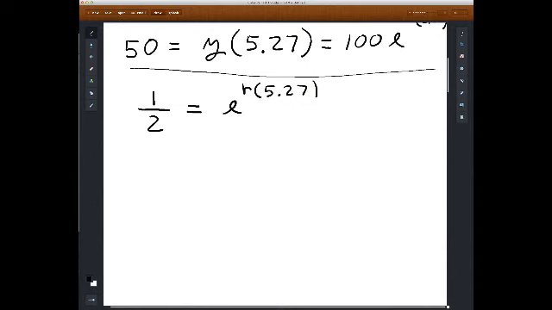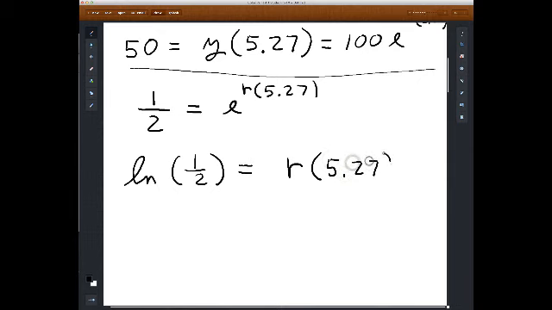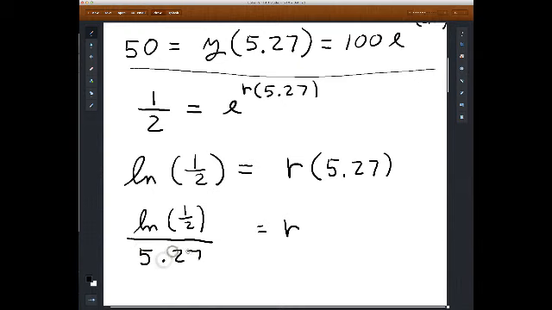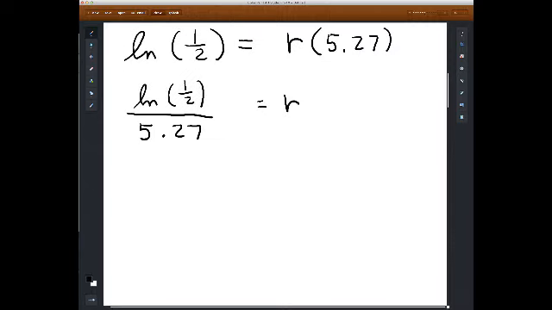So the natural logarithm of 1/2 is equal to r times 5.27. Solving for r, r is equal to the natural logarithm of 1/2 divided by 5.27.